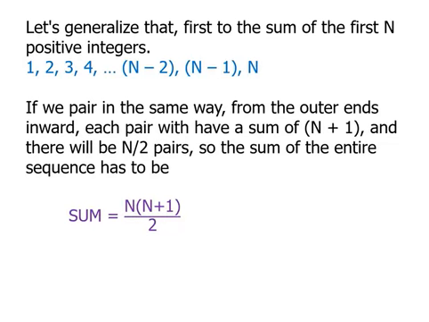So the sum of the entire sequence has to be n times n plus 1, over 2. That is the sum of the first n positive integers. That's a good formula to know. And again, don't memorize this. As we say often in these videos, don't simply memorize this formula, but if you understand how we got to this formula and how we put it together, that is real mathematical understanding.